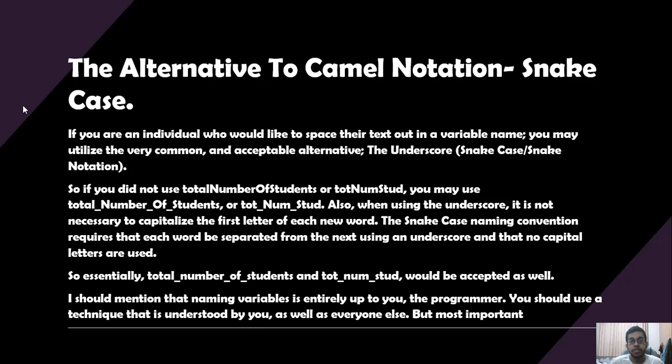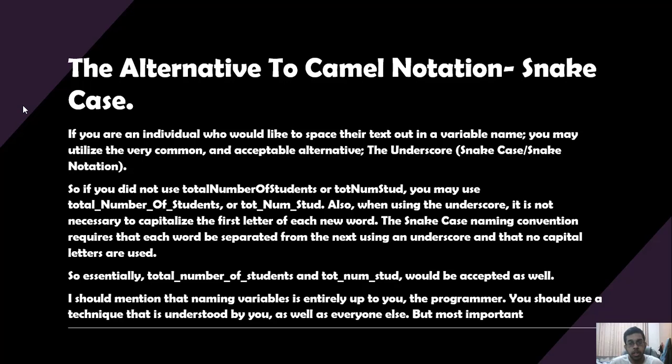The alternative to camel notation, snake case. If you are an individual who would like to space their text out in a variable name, you may utilize the very common and acceptable alternative, the underscore, snake case or snake notation. So, if you did not use totalNumberOfStudents or totNumStud, you may use total_number_of_students or tot_num_stud.